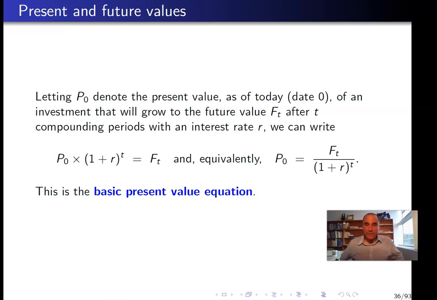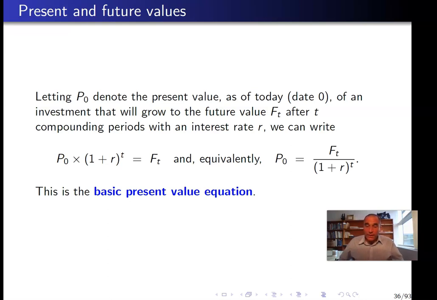So letting P0 denote the present value as of time 0 of a payment of value Ft to be received at time t, the present value equation is always as follows: P0 times (1 plus R) to the power T is equal to Ft, or P0 is equal to Ft divided by (1 plus R) to the power T.